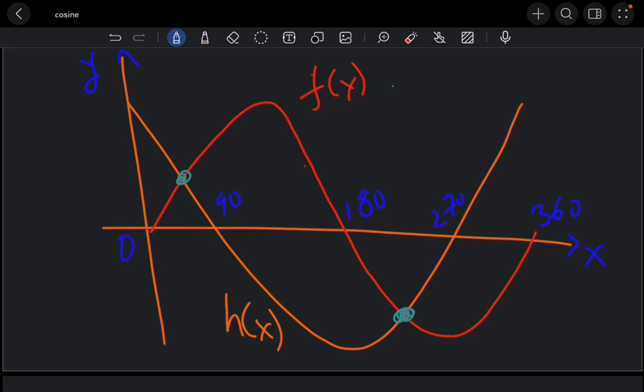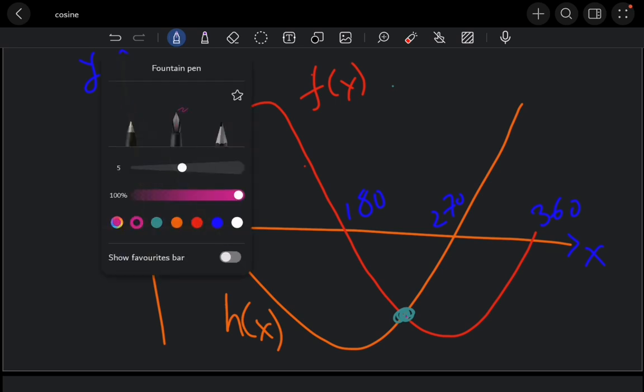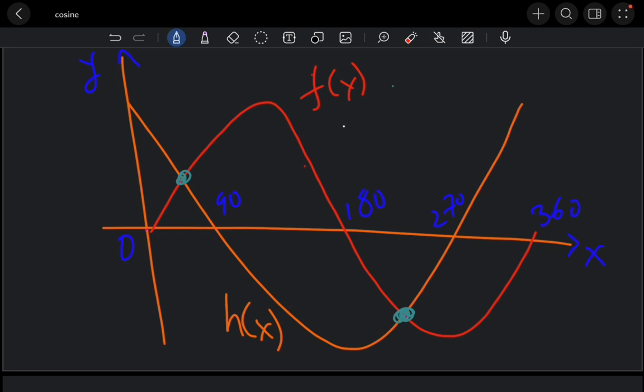So we are only interested in the points in which h of x is underneath f of x. So this is the point. You can see that at this point h of x is less than f of x. Okay? This is the only point.